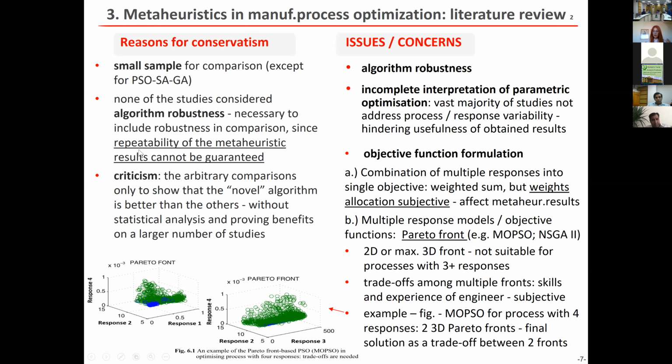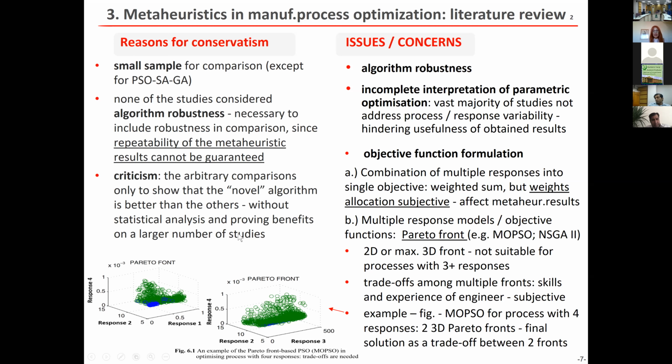What I want to say is that if you run the same algorithm with the same settings 10 times on the same problem, you will get similar, very close results, but probably not identical results. This issue has not been very extensively discussed in scientific papers.